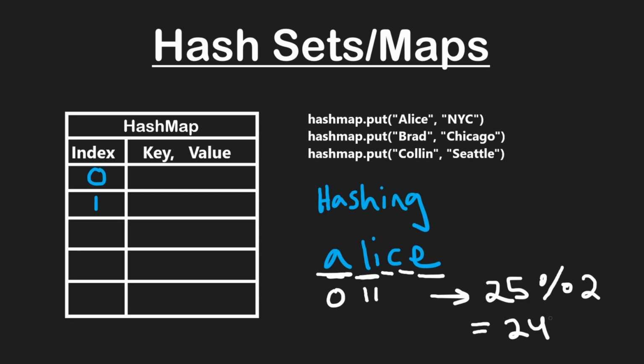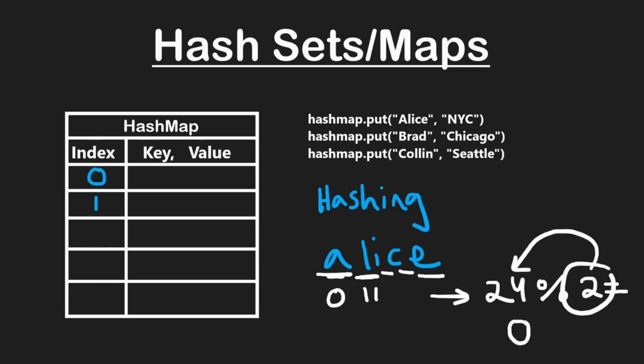So that's too big. With 24, we have a remainder of 1 left over. Now, if instead of 25, we actually had 24 and we were modding it by 2, then we would have a remainder of 0, because 2 does fit into 24 perfectly 12 times, and then we're left with a remainder of 0.